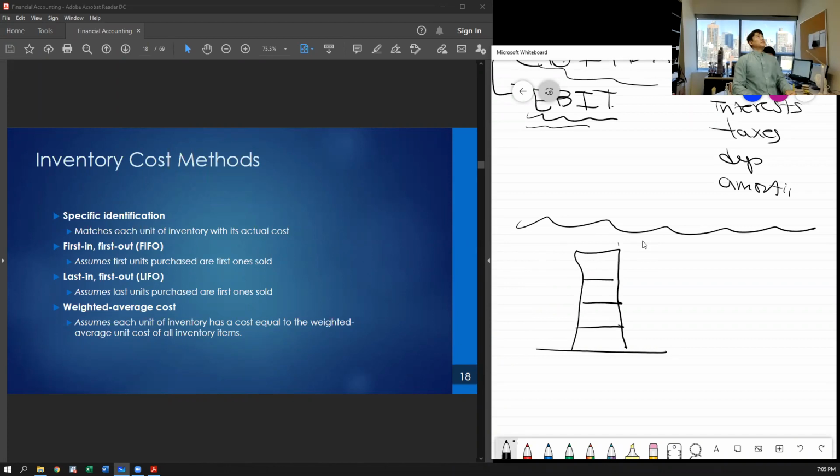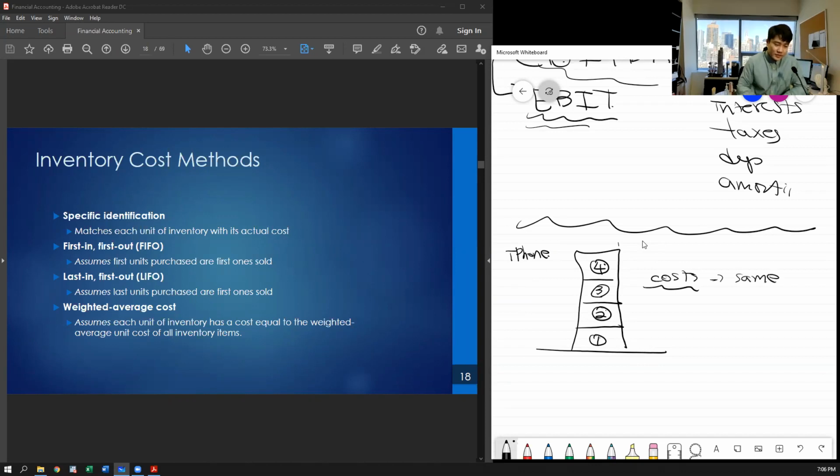What example should I use? Let's just use iPhone. So this is an iPhone stack. You have iPhone inventory number one, another iPhone inventory number two, another iPhone number three, and another iPhone number four. So far, we have been assuming that the costs of producing iPhones number one, two, three, and four are the same.